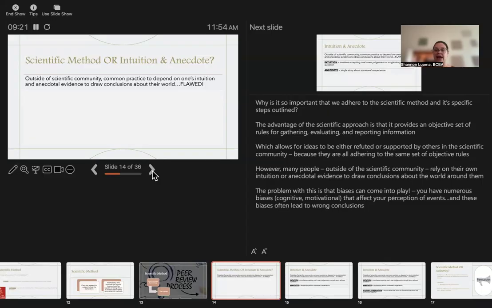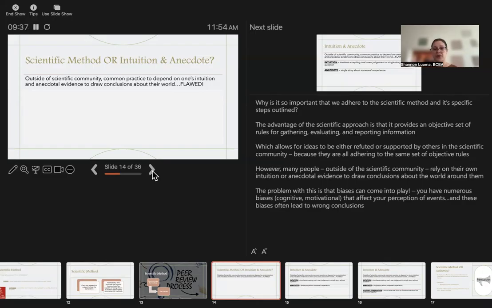It's basically saying everyone has to play by the same rules. Everyone has to abide by the same restrictions and the same methods and the same steps as everybody else. And so we know we're all starting from the same place. We're all going through the same process.